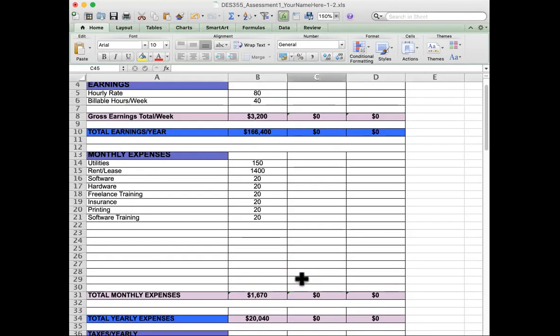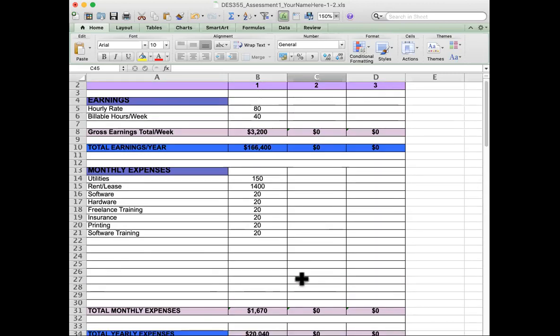for the first month. Now let's say the second month, we didn't do as many billable hours. So we're still at 80, but instead we did 35 billable hours. You'll see kind of how this changes, but maybe all this stays the same, or maybe not. Maybe utilities go up or down. So play around with that.